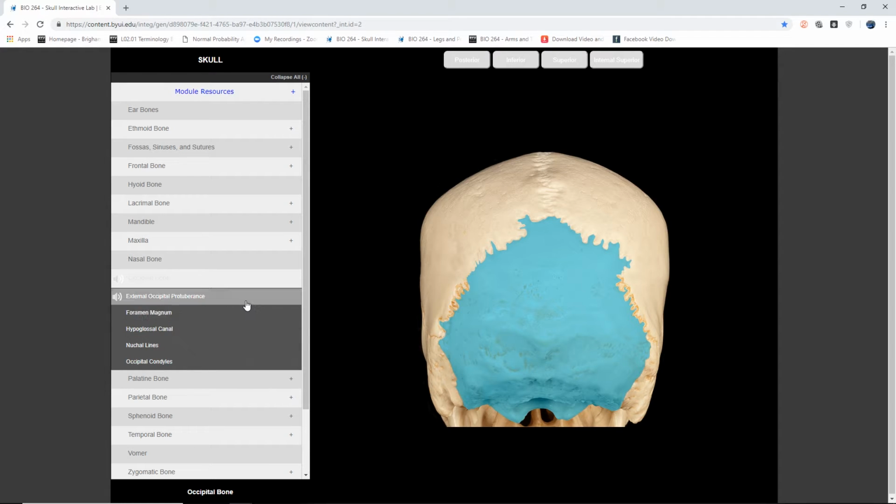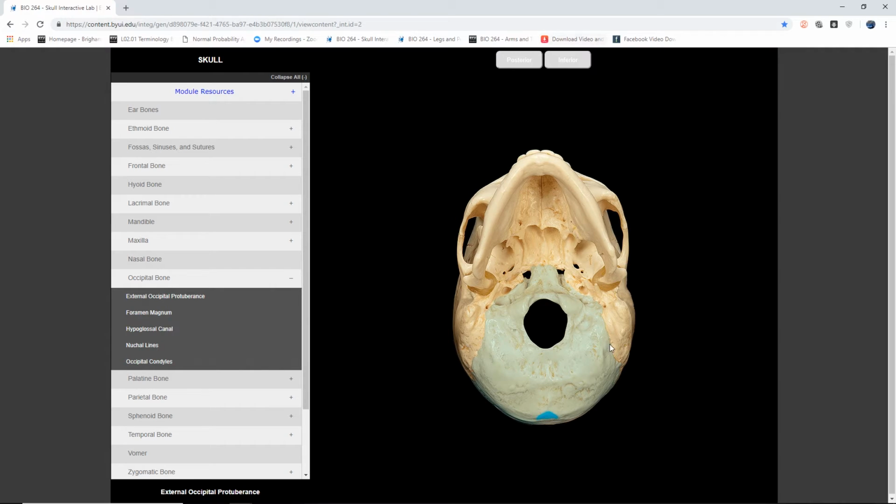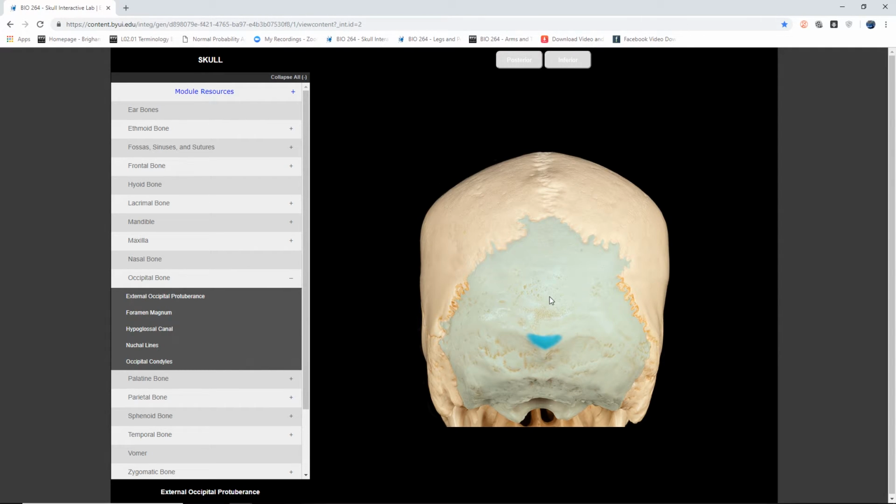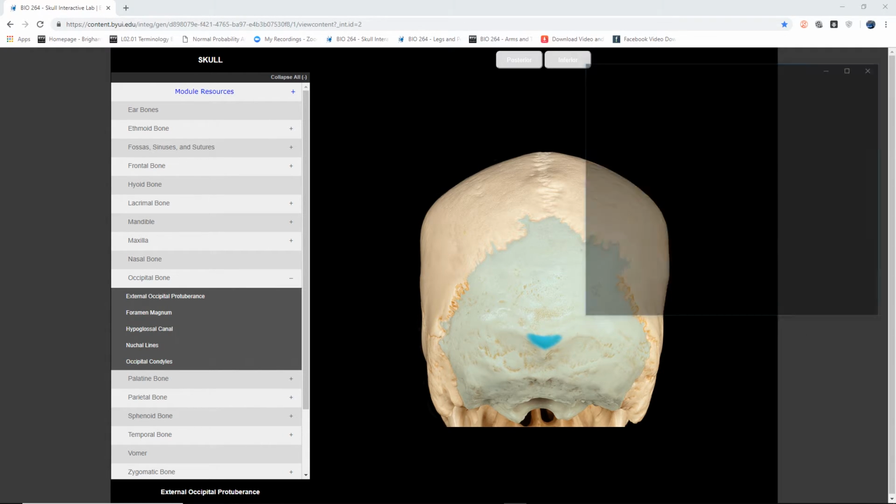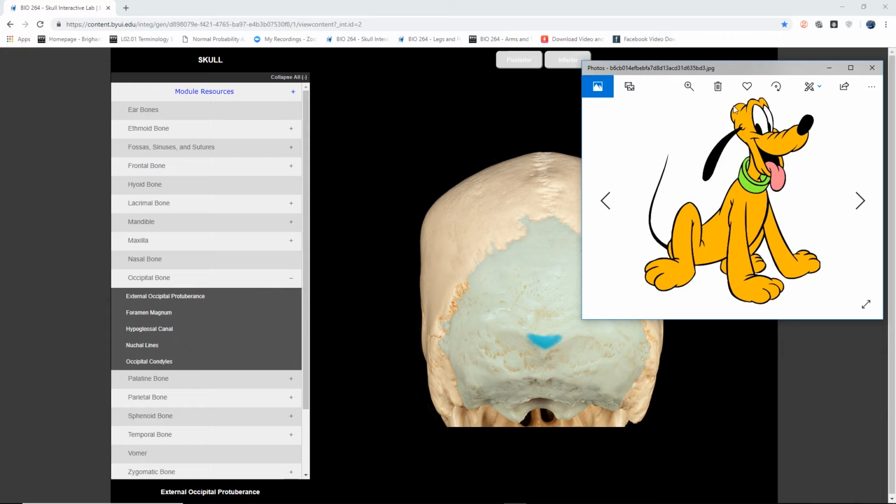So the external occipital protuberance, it's going to be this little bump right there. And that's underneath. Now, the external occipital protuberance, there's actually a famous one. Pluto here, you can see this is his occipital protuberance. And external just means it's on the outside.